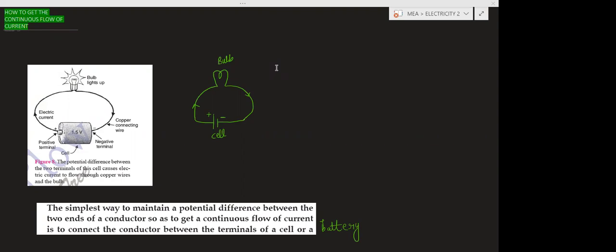Actually, a long time ago, we knew only that there are two types of charges, one is positive charge, another is negative charge. But at that time, the electron was not discovered.